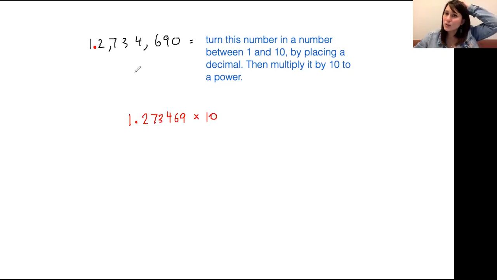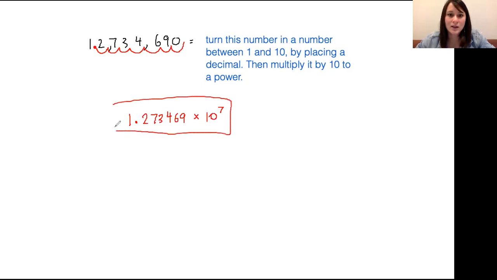The way we do this is we think through how many places I need to move my decimal for it to be in the original form of this number. So I have 1, 2, 3, 4, 5, 6, 7. Because of that, I'm going to multiply that by 10 to the 7th power, and that is this number in scientific notation.